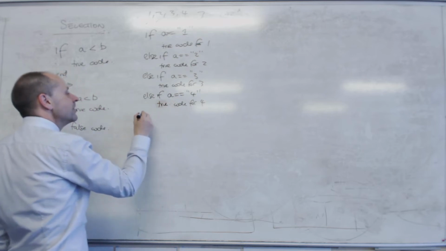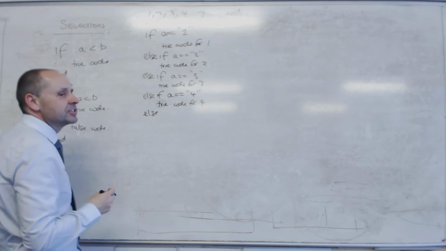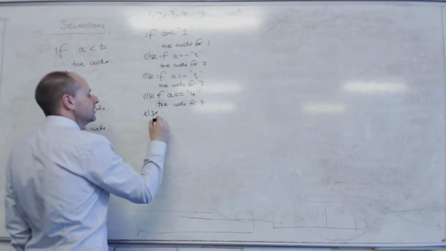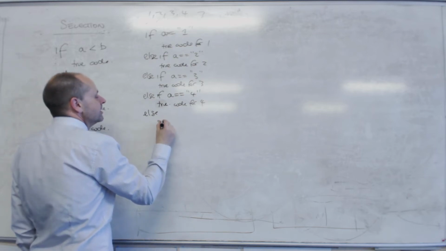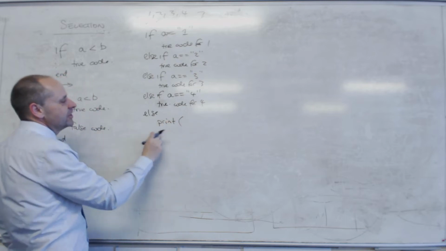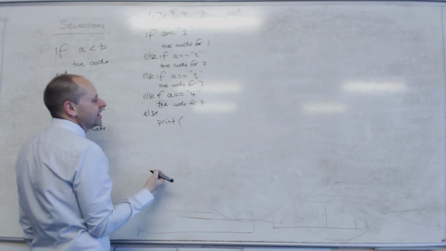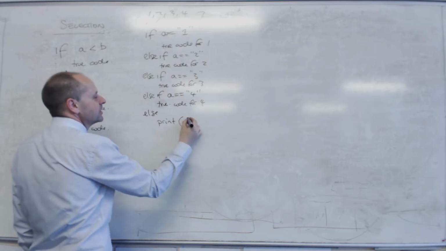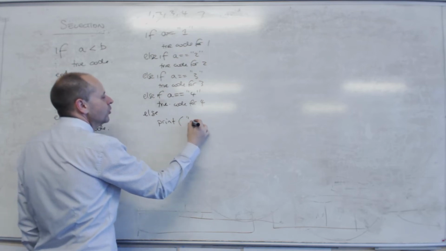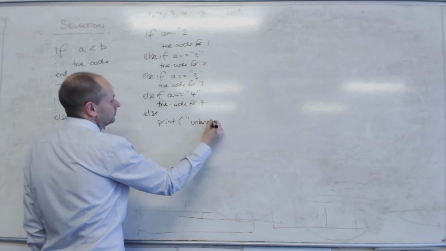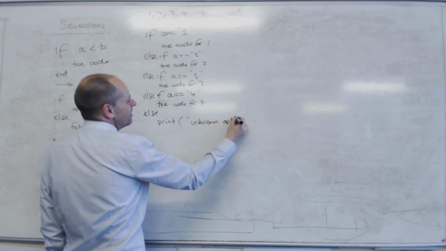And have that structure, and then for the else at the end, say anything else, I don't know, print. Whenever you're using the print function, because it's a function, put the data you want to print in parentheses. So I'm going to say print unknown option or something, whatever it is.